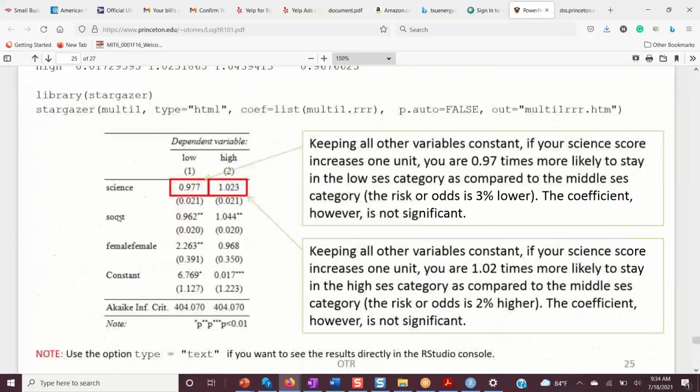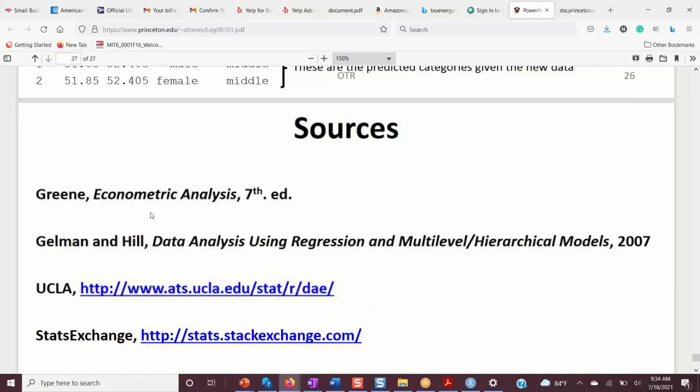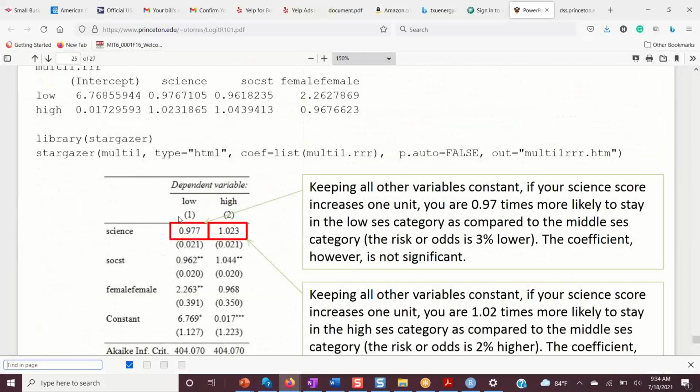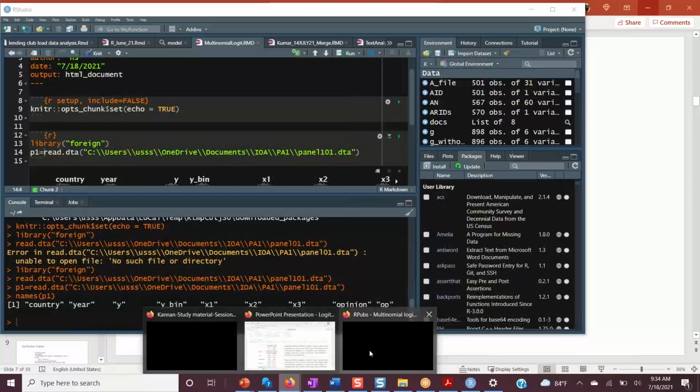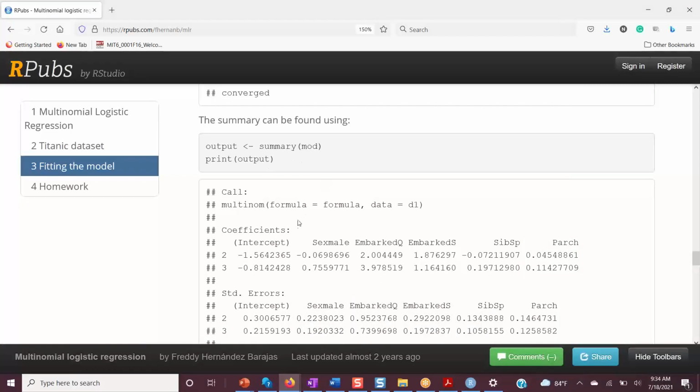We were trying to do passenger class. We were looking at the outputs. I want your attention here.